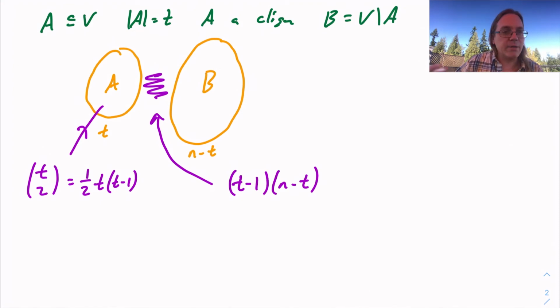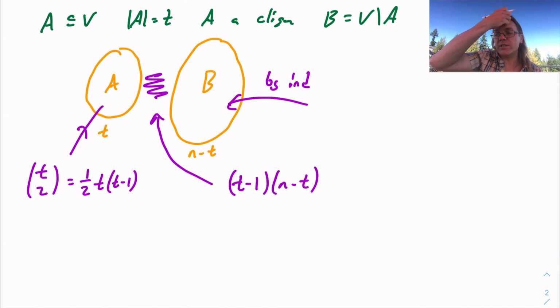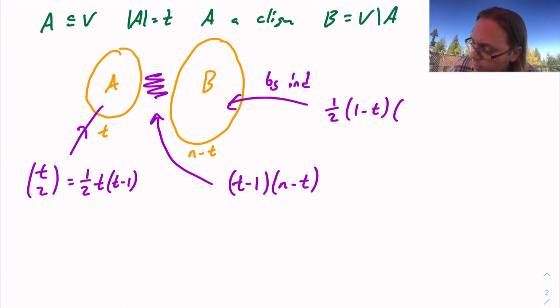We can apply our theorem inductively to the graph B. So by induction, the total number of edges with both ends in B is going to be at most 1/2 times (1 minus 1/t) times the number of vertices here, n minus t, squared. So that's my bound on that guy.